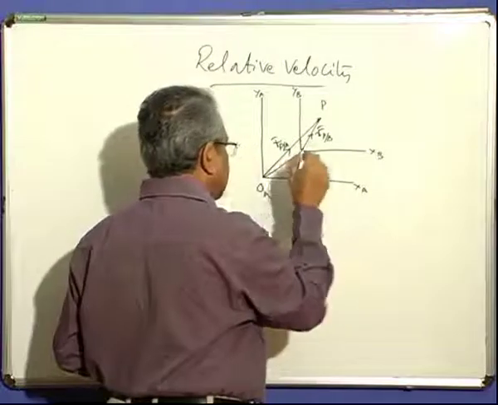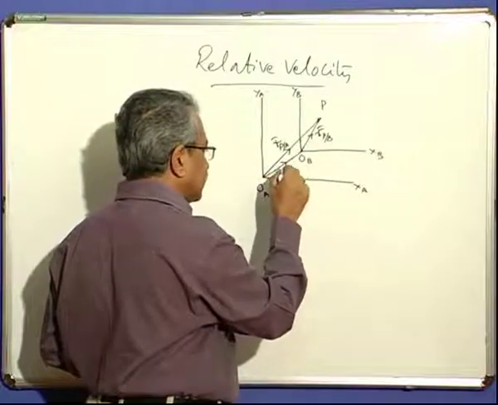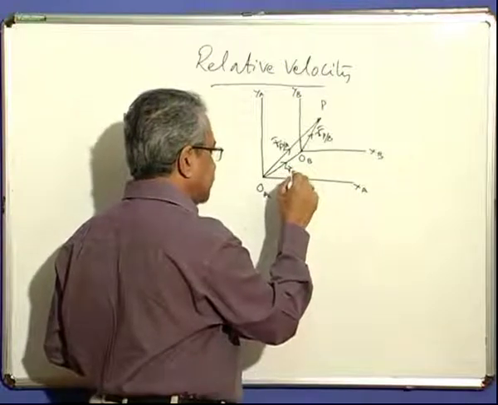That tells you about the position of this second observer with respect to the first observer. That is the position vector of B with respect to A.